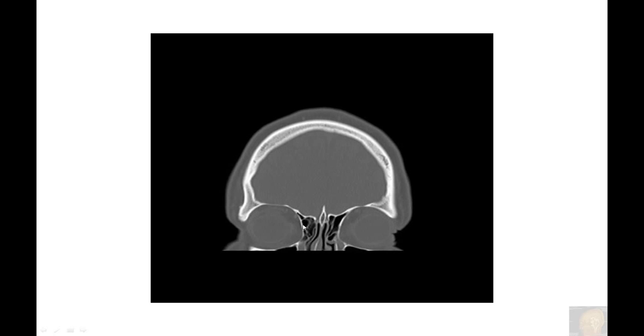And then here is the medial part. Medial means towards the center of the body. So here is the medial part of the bony orbit, which is the bone socket for the eyeball and the supporting structures.